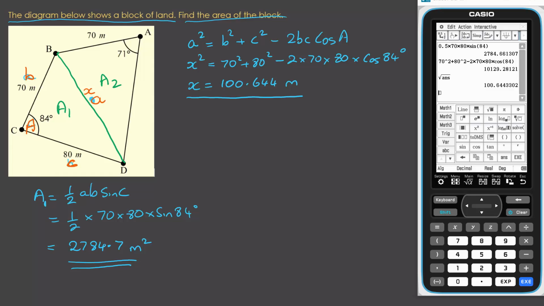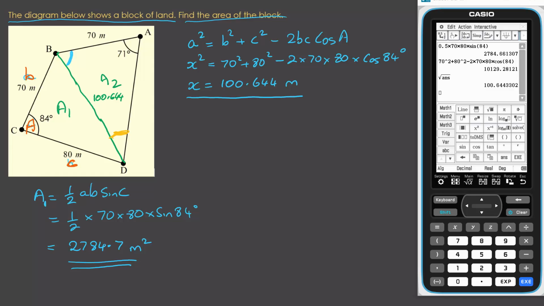So let's just put that on here. So we know that this one is 100.644. Now that I know those two sides, if I could find this angle here, I can use the half AB sine C again. And I have the information I need to find the angle down here at the bottom using the sine rule.